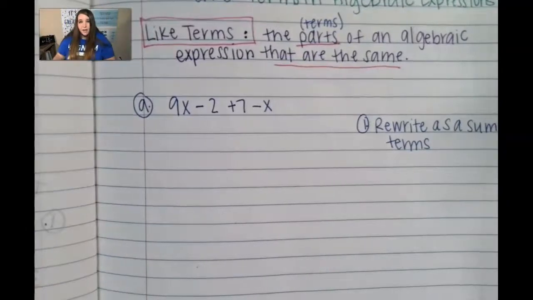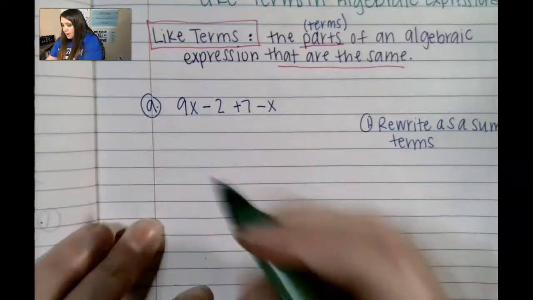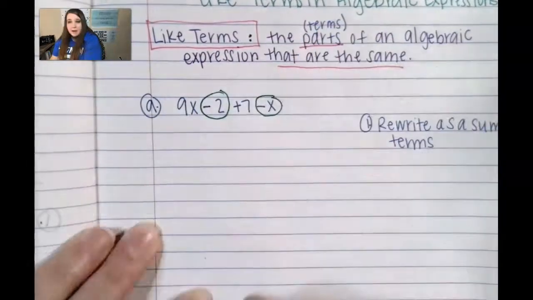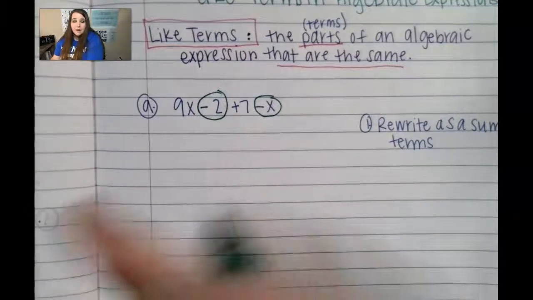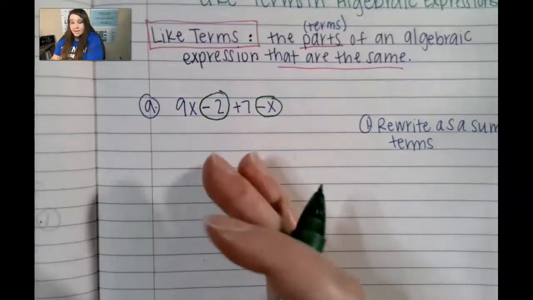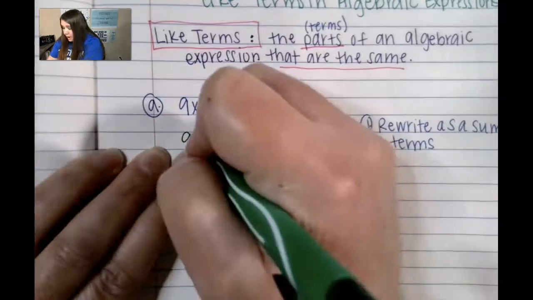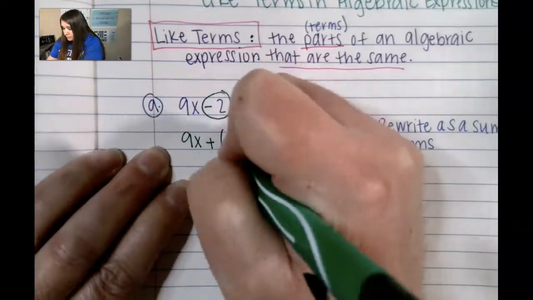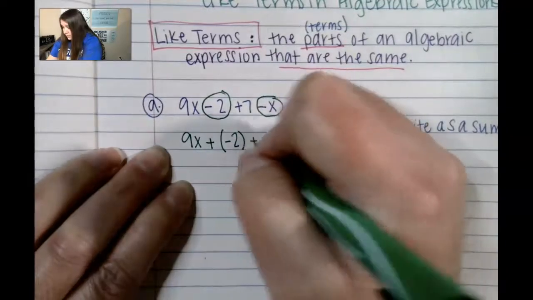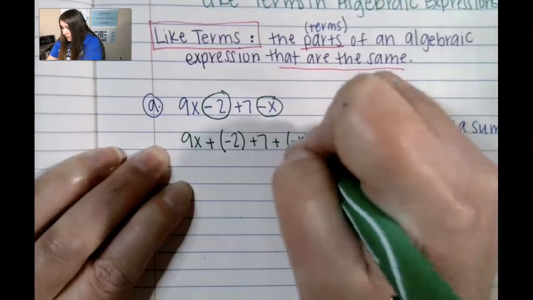So let's go ahead and look at our terms that we have right here. That means that these things right here that are negatives are now going to be adding a negative. Okay, so instead of subtracting a number, we're just going to add a negative. So our new sentence is going to look like this. I have 9x plus a negative 2 plus a 7 plus I also have a negative x.